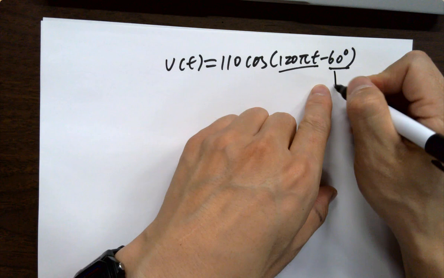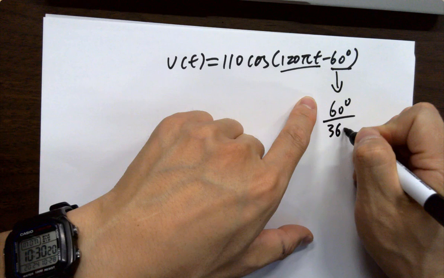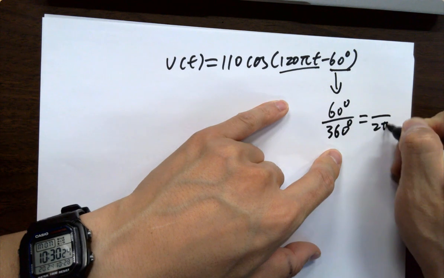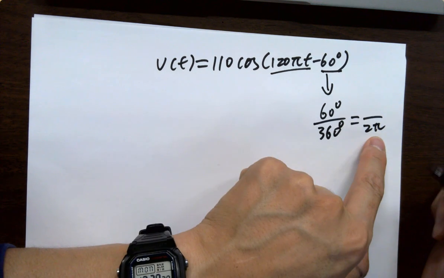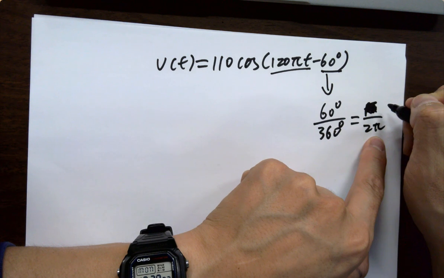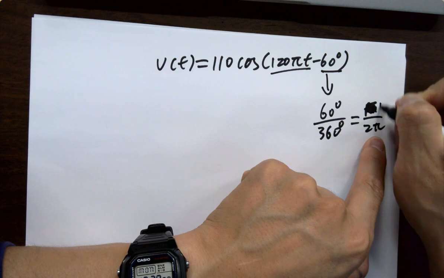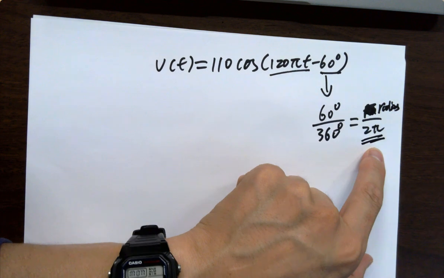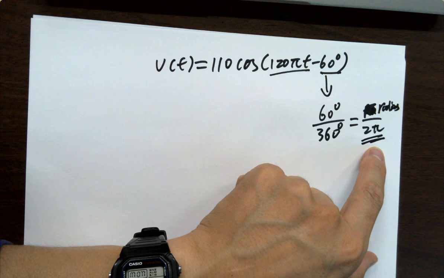So what is the radian here? 60 degrees. It's 360 degrees for the whole circle, and the whole circle is 2 pi in total. Why is it 2 pi for the whole circle? Because I'm trying to get radians.